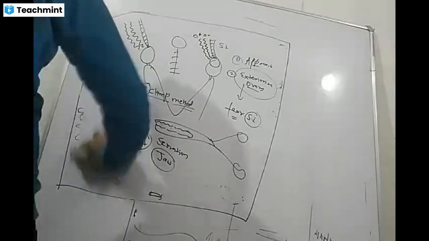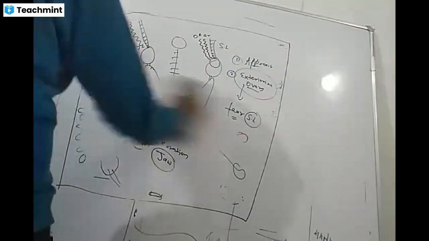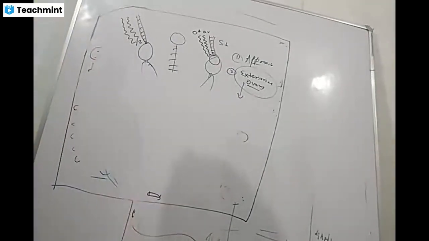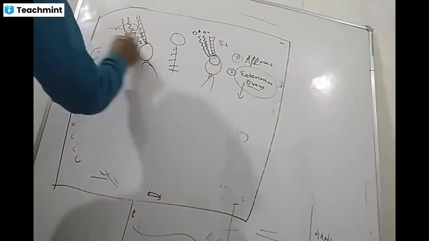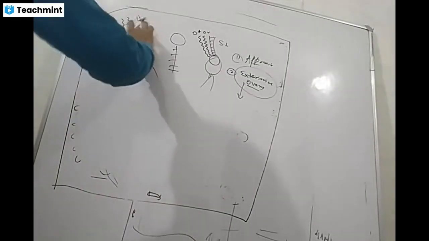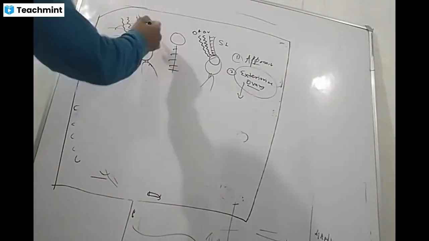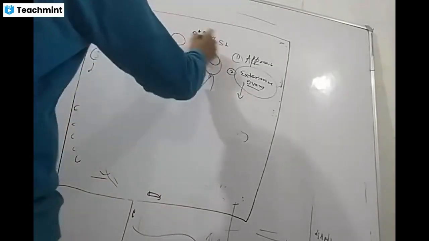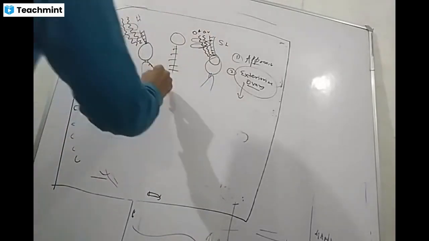Once you have applied your suture material, you tear the suspensory ligament and leave this inside the abdominal cavity. Similarly, we perform with this end also.